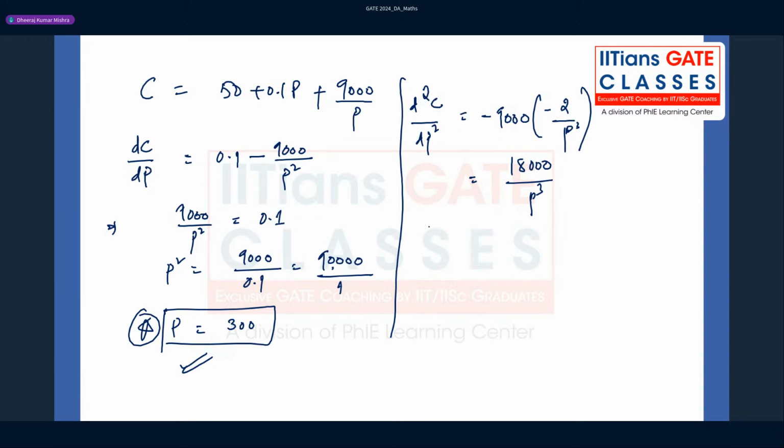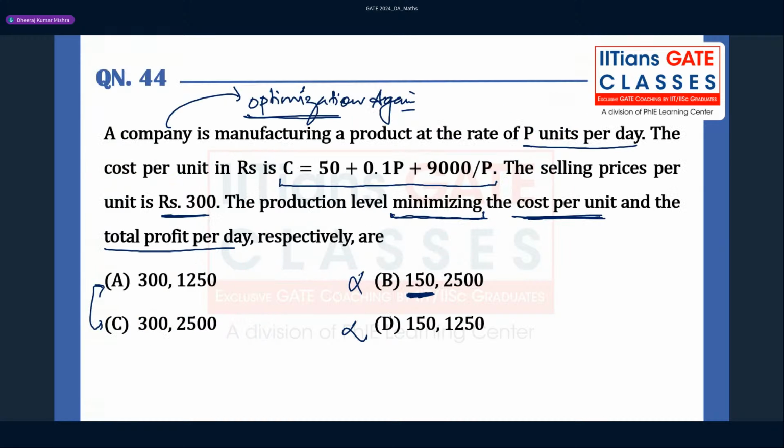So the second derivative is positive, which means that is the correct value. You will get a positive value if you plug in p as 300. So I think this is clear. This is a very important concept. So the first answer is going to be 300, and you can eliminate options B and D.